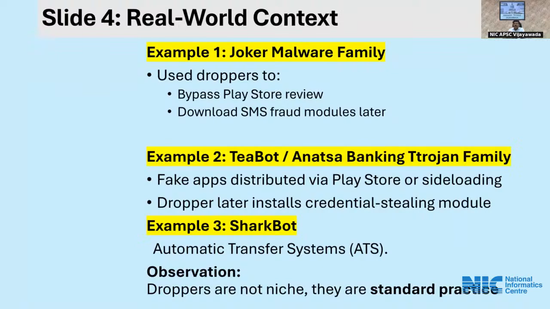All Sharkbot needs is one permission from the user, that is the accessibility permission. Once it gains that permission, it doesn't need any user interaction. It can find that banking app, initiate the transfer, and use the OTP. Everything happens in the background.